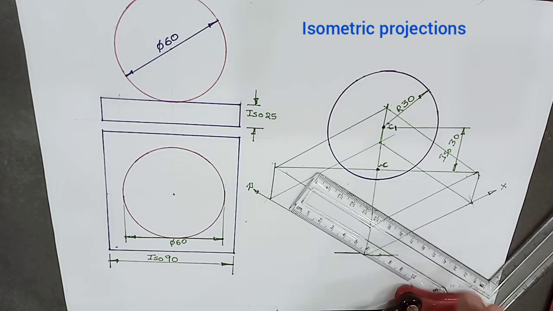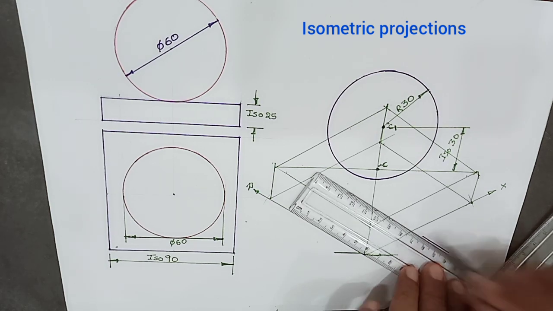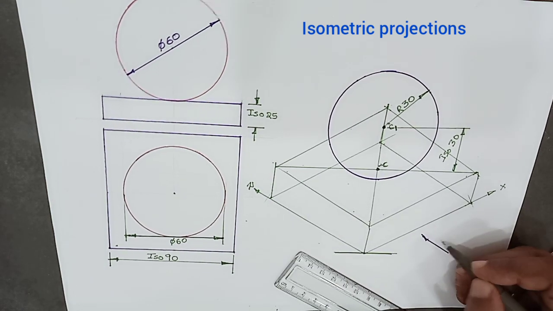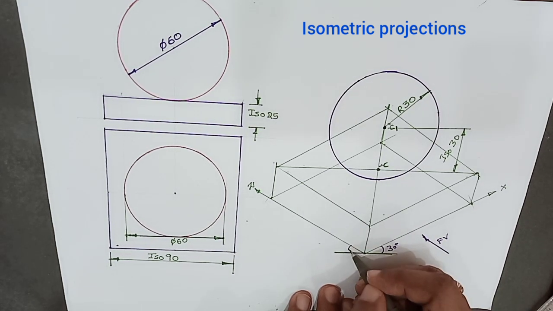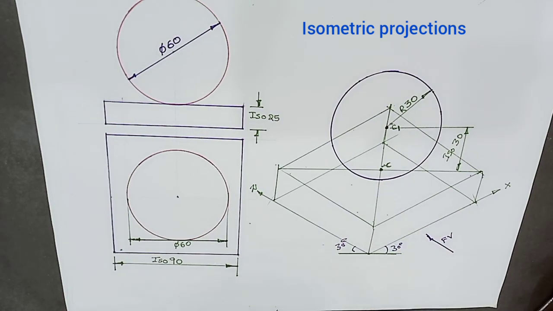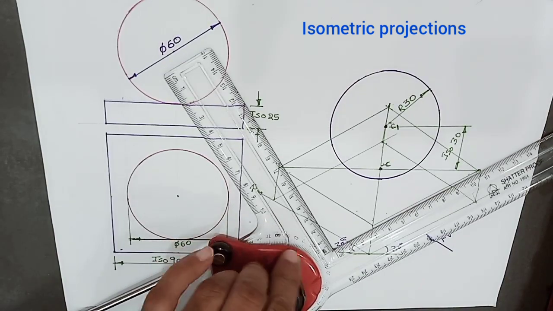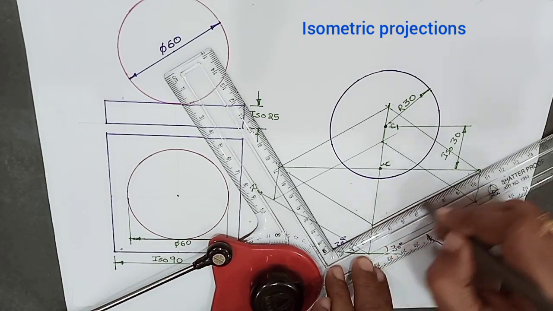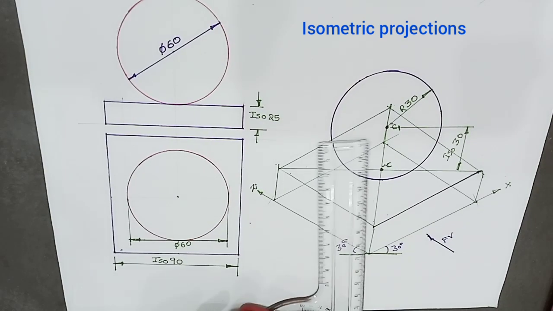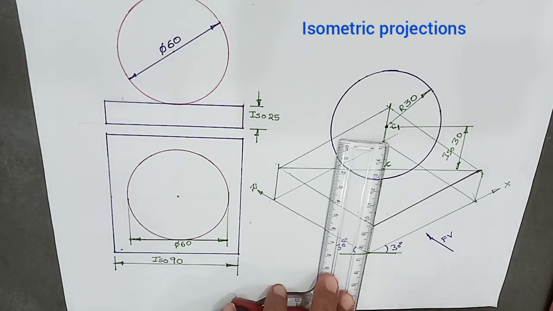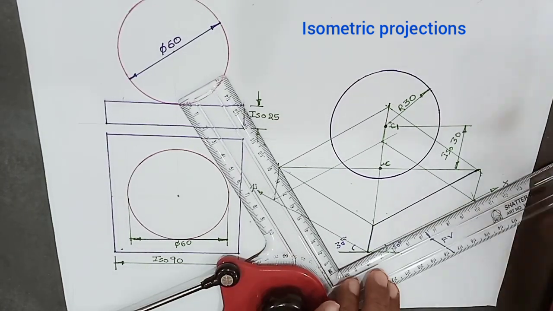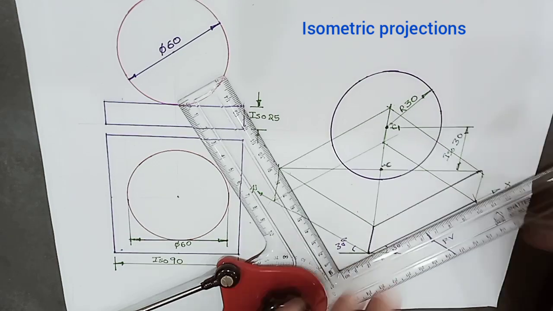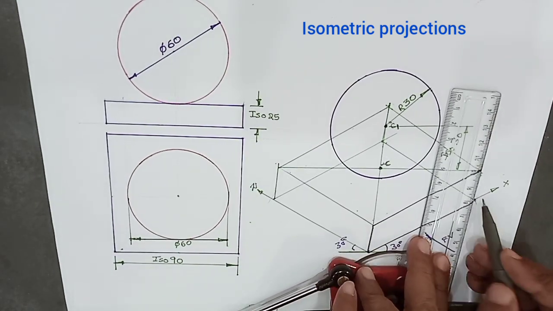The observer is looking in this direction, so it is the front view. So this is 30 degrees, and this one also 30 degrees. Then for the observer, this is visible, this one also visible, even this height is also visible.